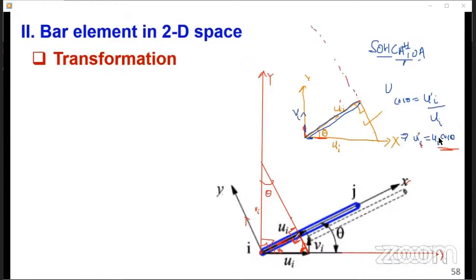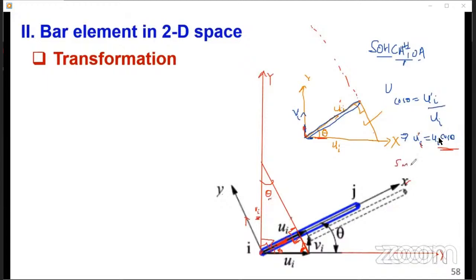So we can get the vertical component here, or resolve this ui to this vertical axis, by using sine. We know this ui and we want vi. So we have the hypotenuse and we know the opposite of this angle theta. Opposite is ui, so that's why we are using sine.